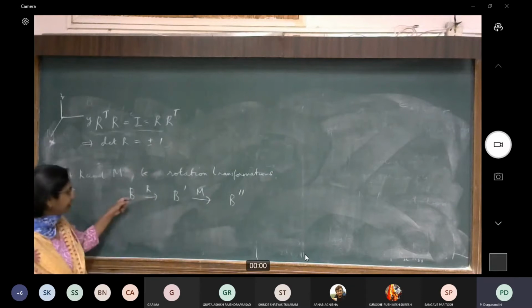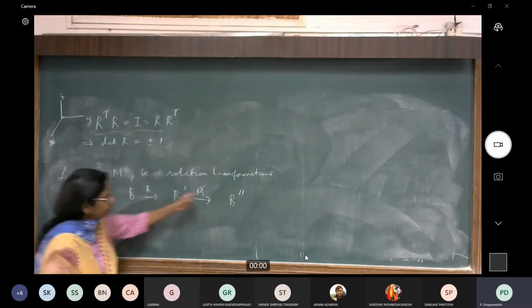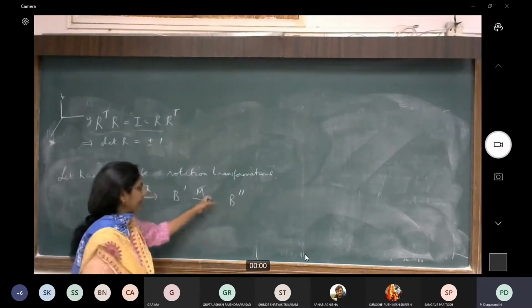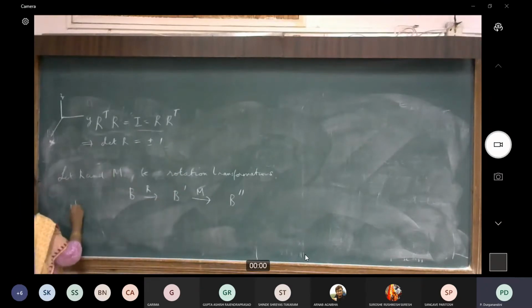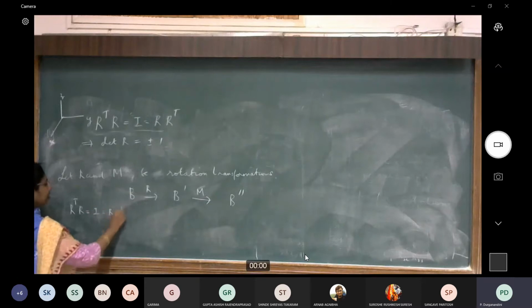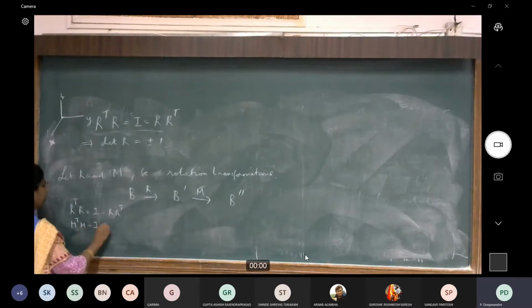So what this means is that R transpose R equals identity equals R R transpose, and because M is also a rotation transformation, M transpose M equals identity equals M M transpose.